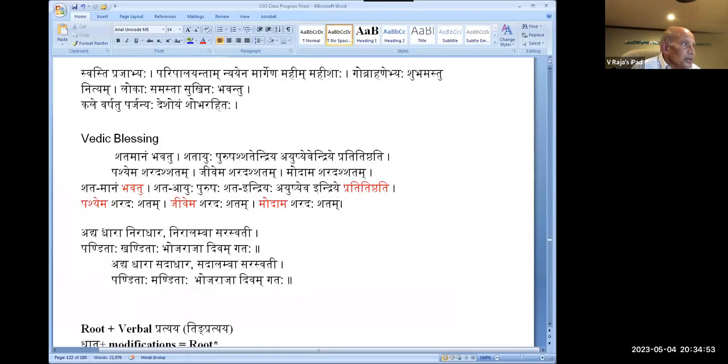Adyadhara, Niradhara, Niralamba, Saraswati, Panditaha, Khanditaha, Bhojaraja, Divam Gata. When people saw him, when Bhojaraja came into the assembly, they said, Adyadhara, Sadhadhara, Sada Alamba Saraswati, Panditaha Manditaha.